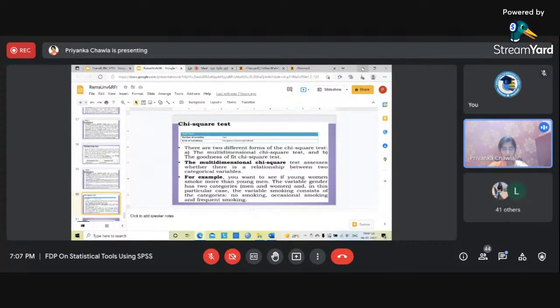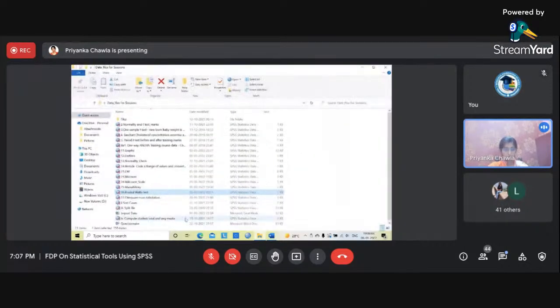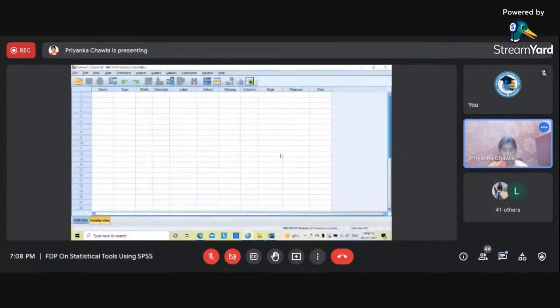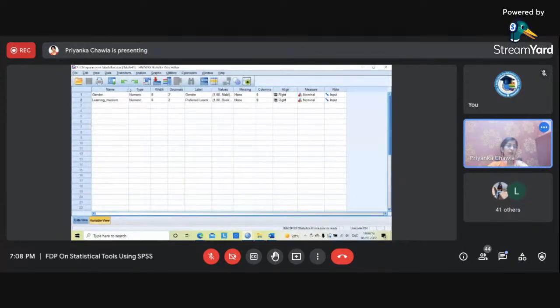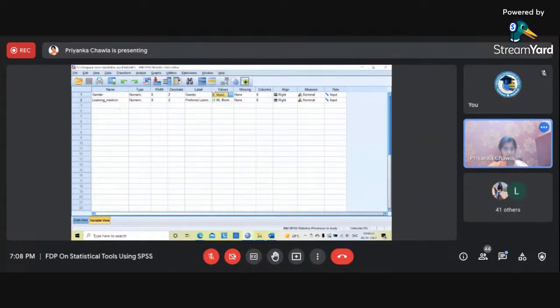So let us have a discussion on this. I will be opening the data set for chi-square association. Can you see this? Under gender, we have coded male as 1 and female as 2. This is categorical, nominal I can say.